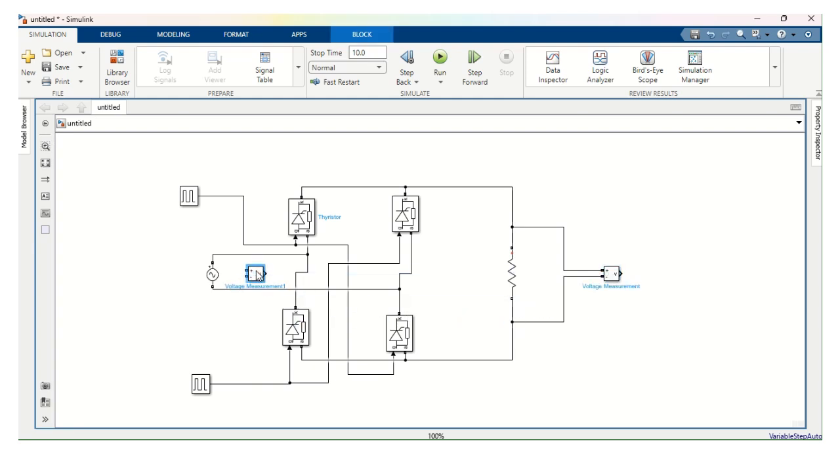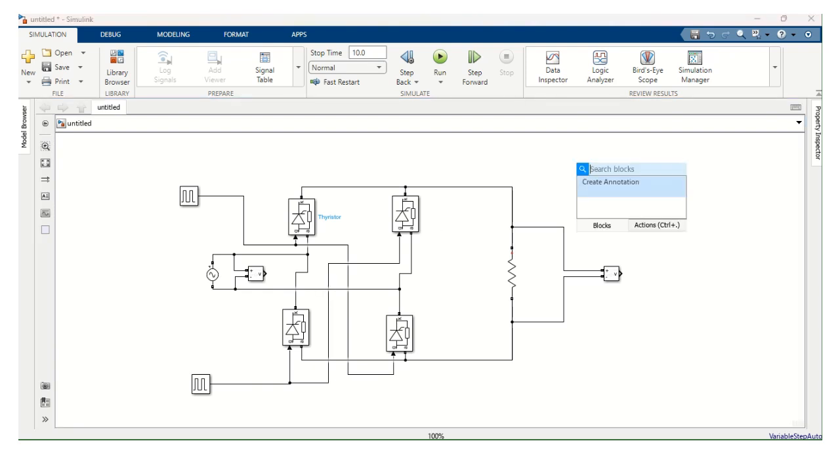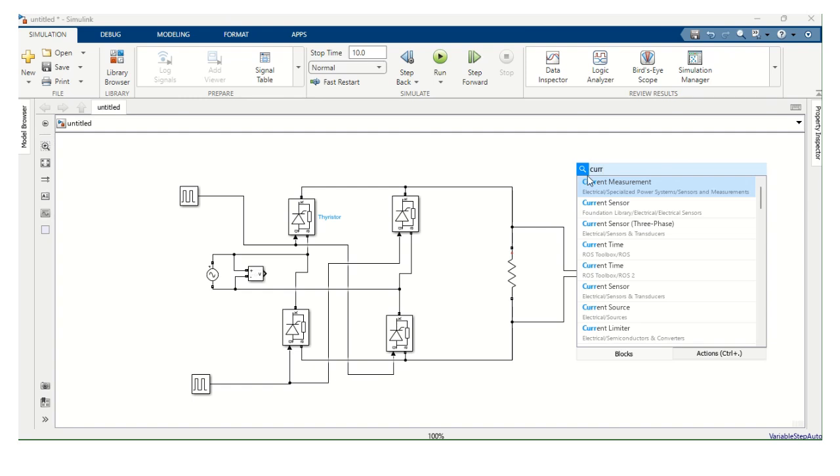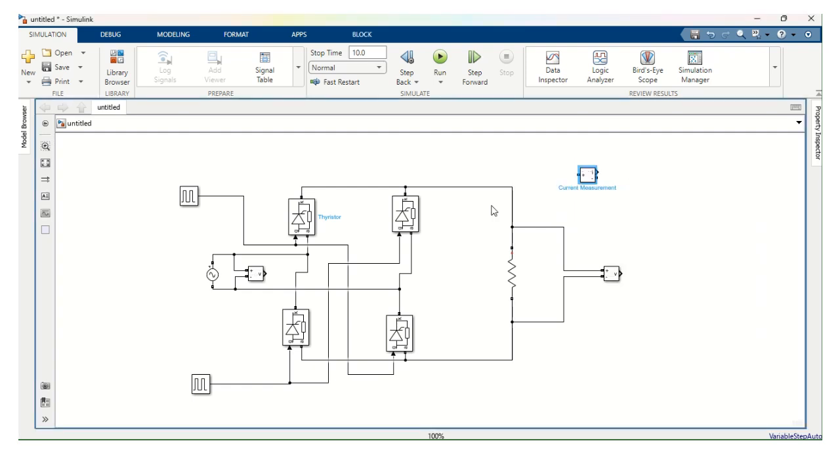We need another measurement block to measure the input supply voltage. So we have two voltage measurements, and we need one current measurement block. Let's connect it in series. It's connected in series. So we have current measurement block.